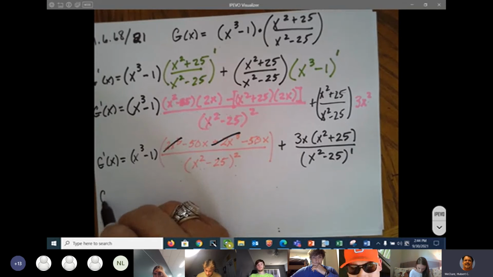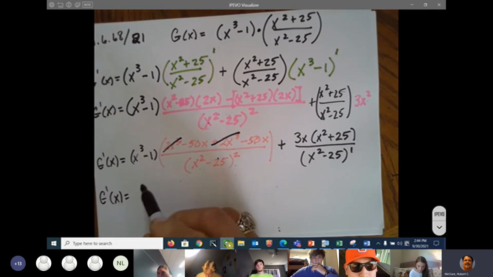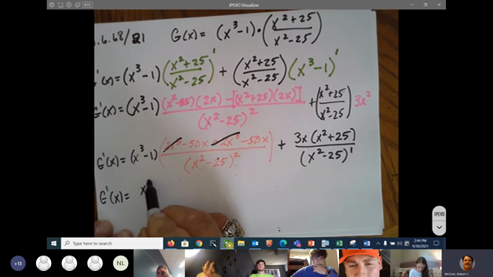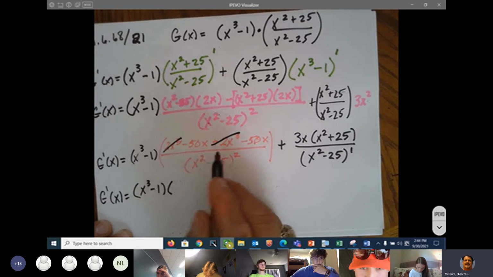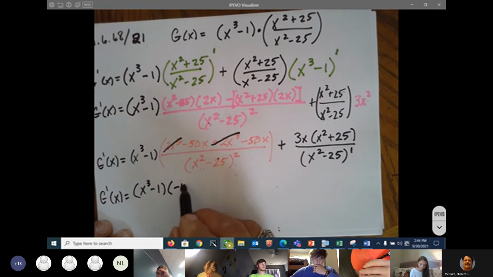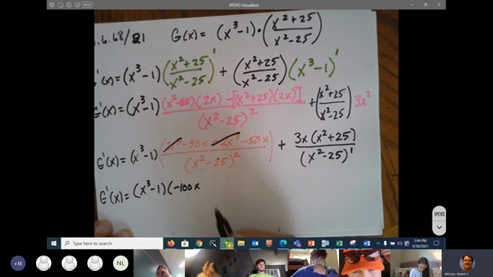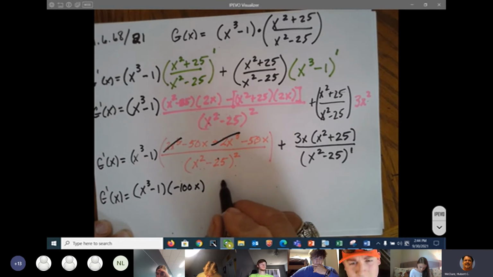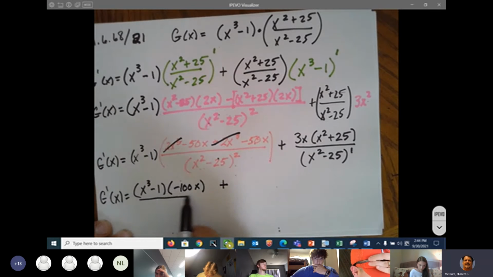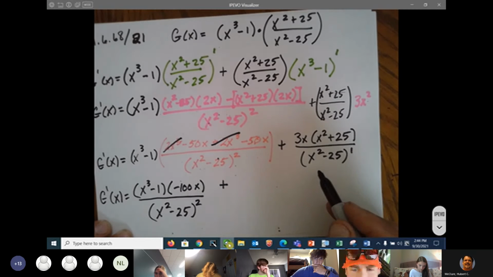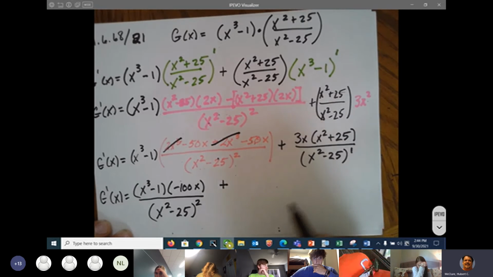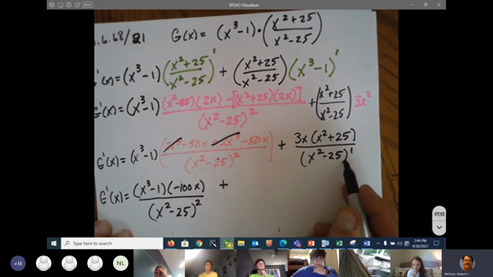So g prime of x is equal to x cubed minus 1 times 100x minus 100x plus, and that's over x squared minus 25 quantity squared, plus, I think I'm going to go ahead and multiply this by x squared minus 25.